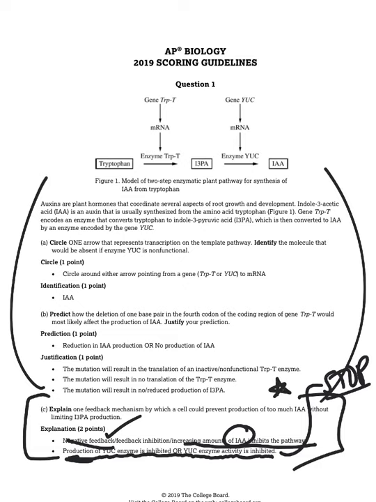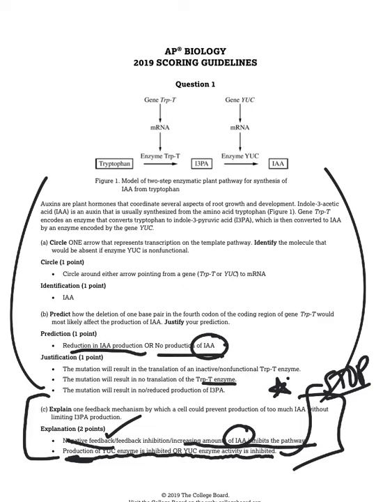Specifically, this idea of the mutations resulting in translation of an inactive or non-functional TRPT enzyme. So remember, we're saying that TRPT is not going to be made, right? And that's going to make it so that we have this reduced production or no production of IAA.